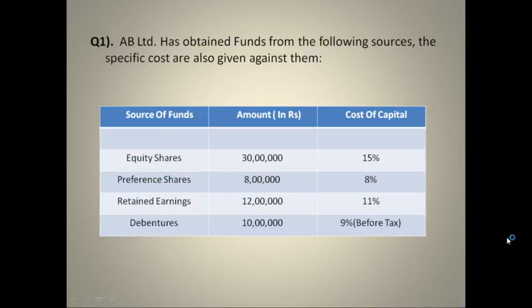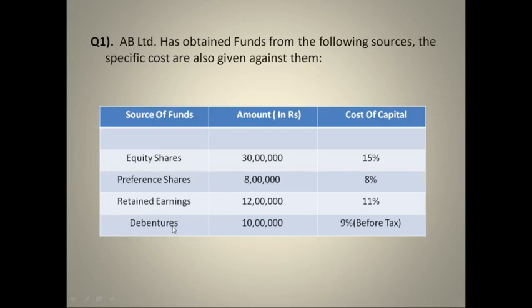Let's solve the first sum for our day, where they are saying that AB Limited has obtained funds from the following sources. The specific costs are also given against them. The sources of funds for AB Limited are by issuing equity shares, by issuing preference shares, by keeping retained earnings, and by issuing debentures.